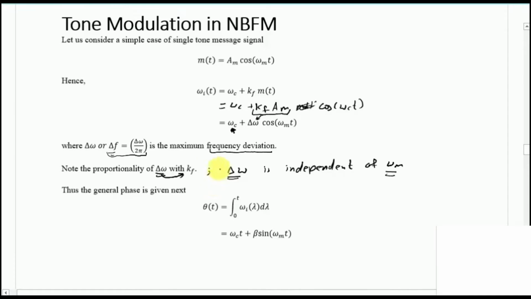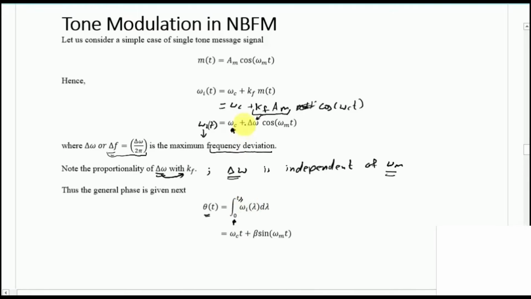Since we have the instantaneous angular frequency omega_i(t), if you take the integration of it, you would get the generic phase. For that, we have an integration from 0 to t of omega_i(lambda) d lambda, where the limit is from 0 to t and we are assuming zero initial condition.